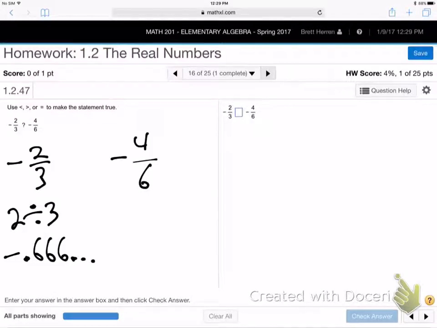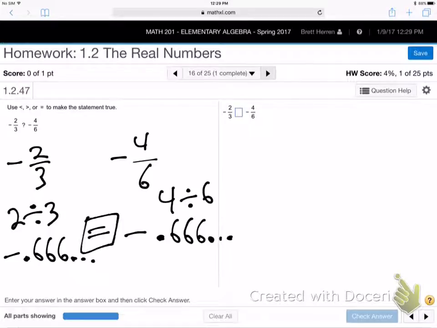And then I would take 4 divided by 6, and that is the same exact thing, 6 forever, and it is also negative. And then I would say, oh, okay, they're equal. So that's the answer. But you probably already knew that just by looking, that's fine.